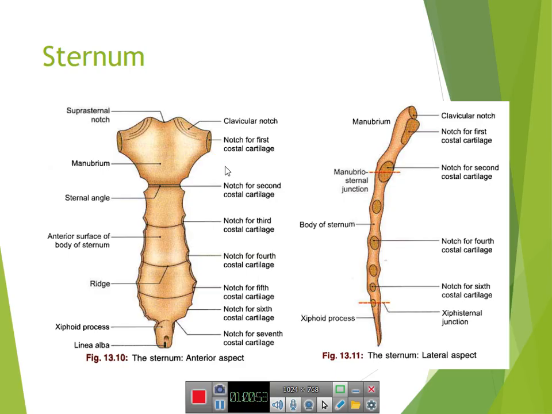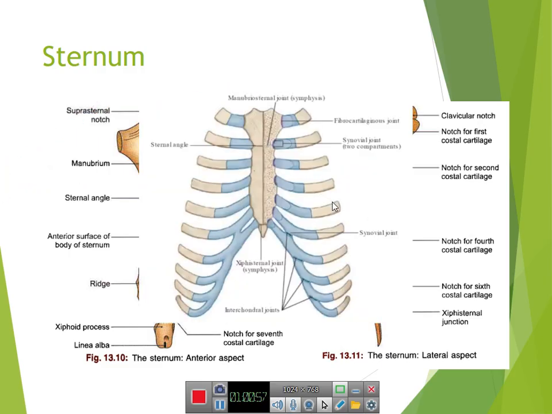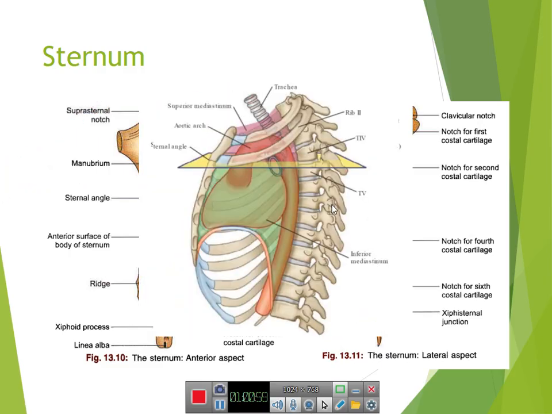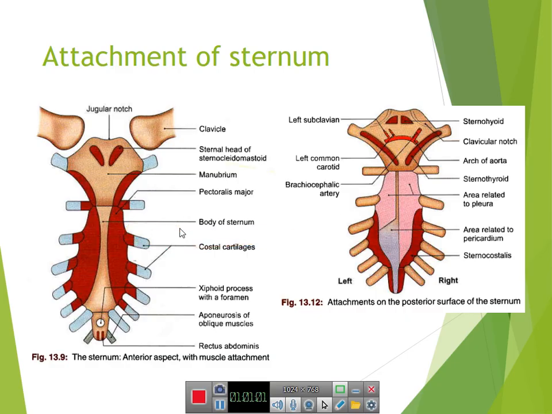So what are the manubrium attachments? Let's look at these pictures. They are very good pictures of the attachments of the sternum from the anterior aspect and posterior aspect of the sternum, or manubrium exactly.